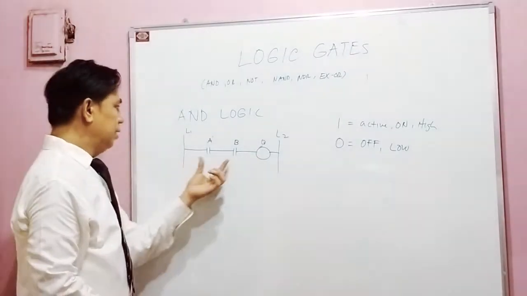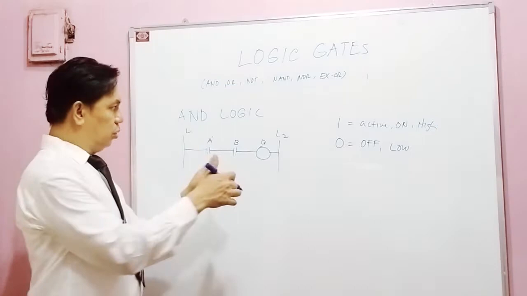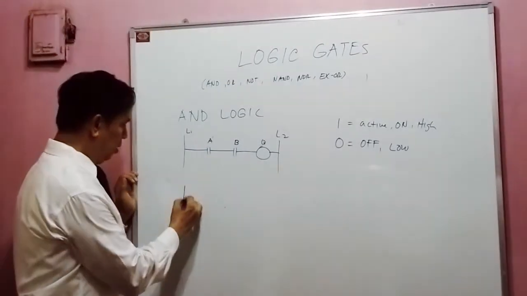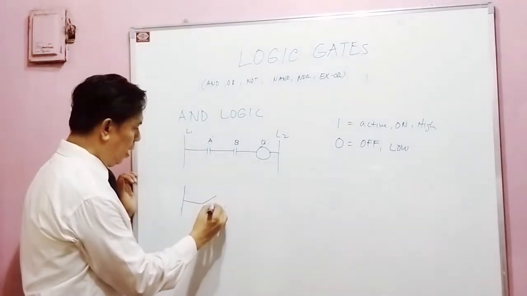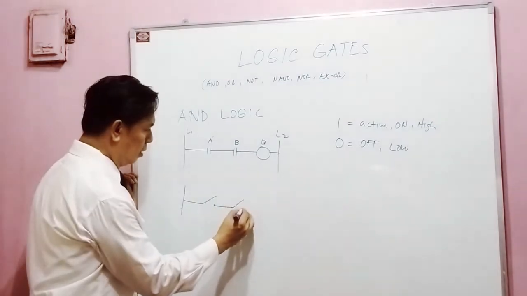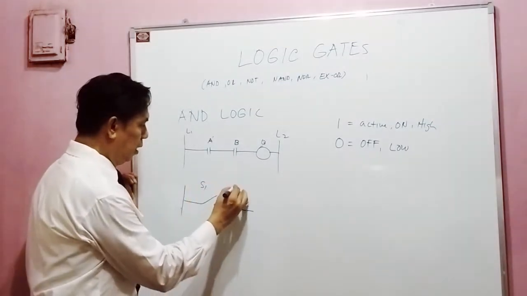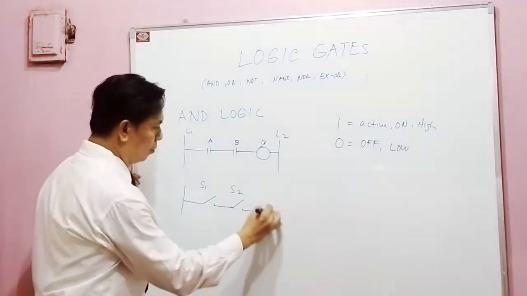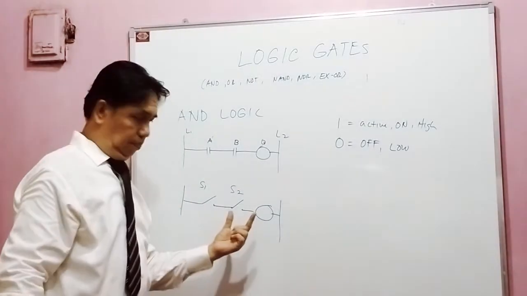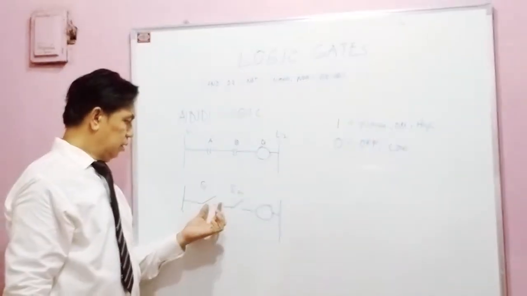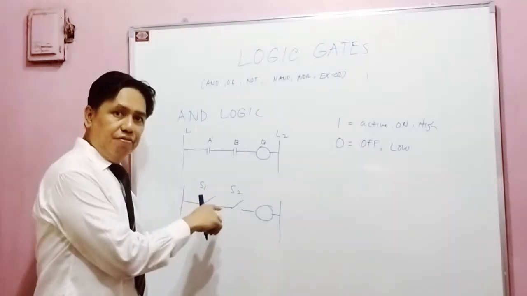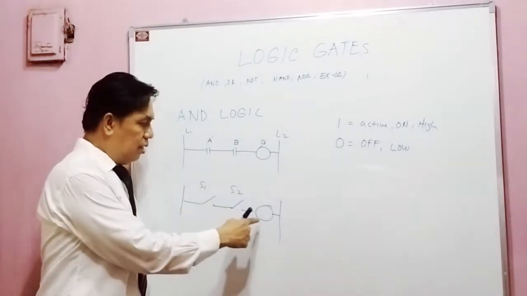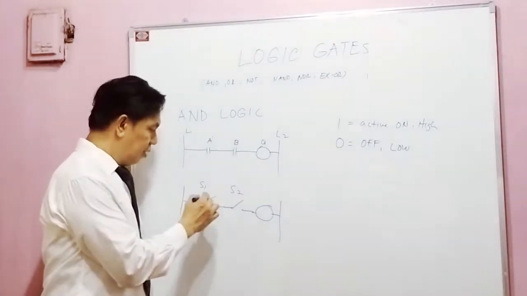If you understand it, it requires two switches. Yeah? I may redraw this. For example, I have two switches here, switch 1 and switch 2. It needs both switches to be active, or to have a contact, so that this one will have a light.